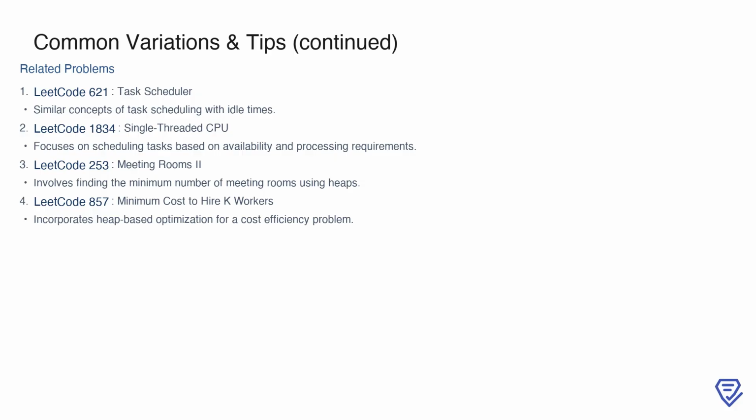Another closely related problem is LeetCode 253, Meeting Rooms 2, which uses heaps to determine the minimum number of meeting rooms needed. Finally, LeetCode 857, Minimum Cost to Hire K Workers, incorporates heap-based optimization techniques to solve a cost-efficiency problem. Reviewing these problems can help reinforce your understanding of similar patterns and techniques.